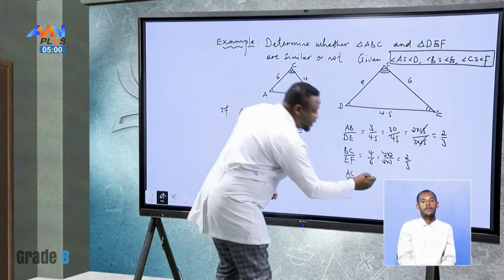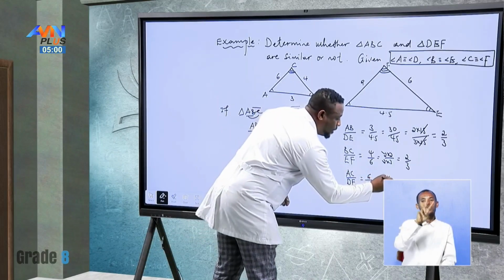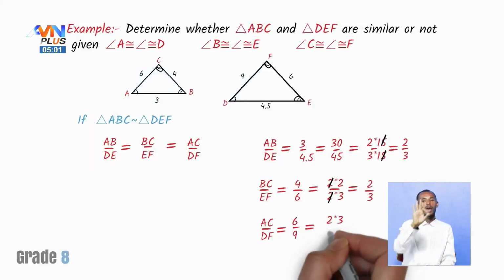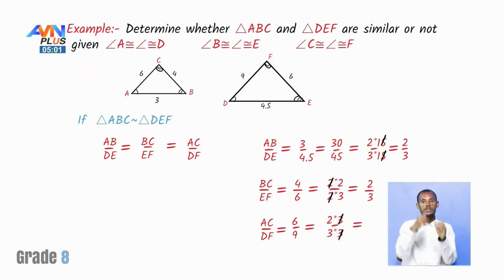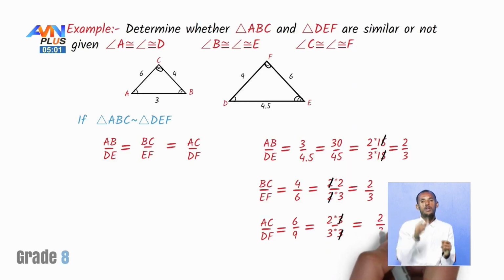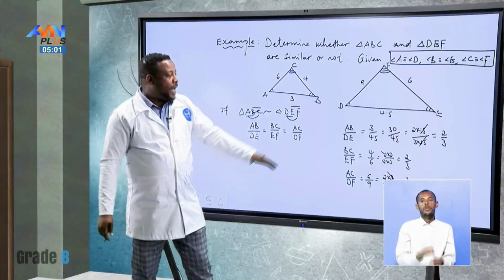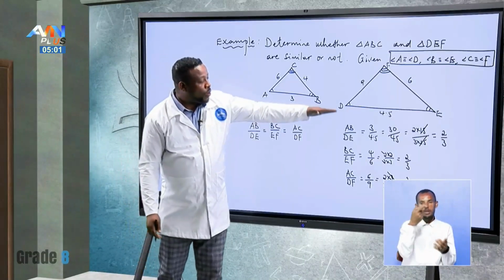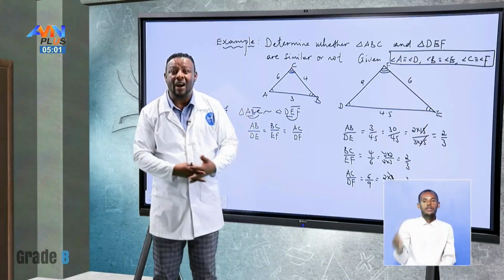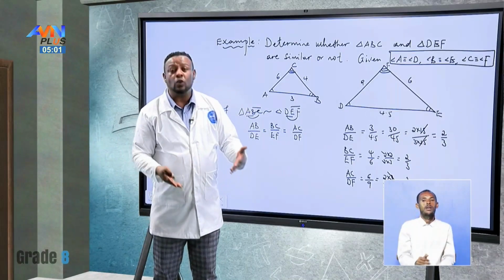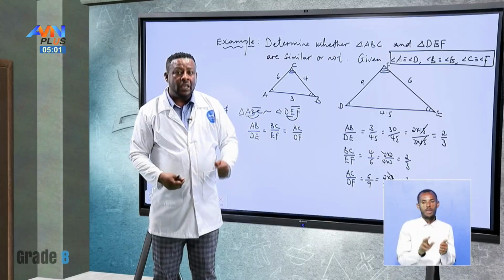So 6 is the same as 2 times 3, and 9 is the same as 3 times 3. So now this can be simplified to 2 over 3. Well, as you can see here, all the ratios of the corresponding sides are the same, which is 2 over 3.